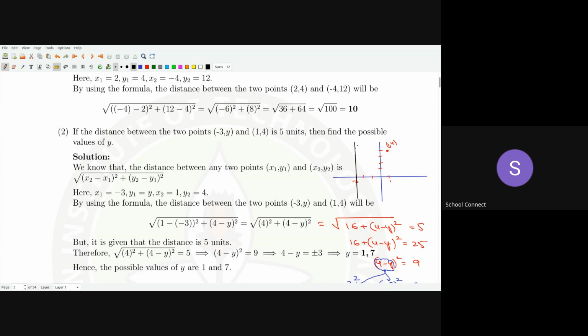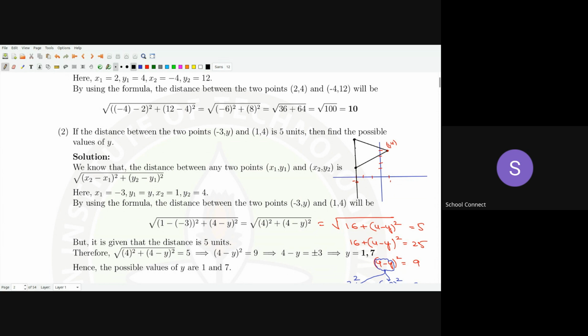Now you see from this point and you have a point here which has 5 units distance. So one point can lie here, and the other point can lie on the other side such that this can be 5 units as well as this can be 5.